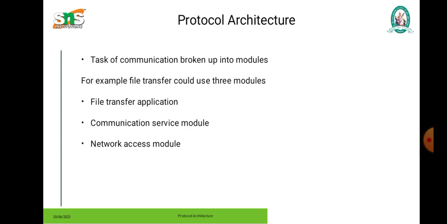The data is transferred from one application to another, which involves first getting the data to the computer, and then getting it to the intended application within the other computer. So it is natural to organize the communication task into three different layers: the network layer, the transport layer and the application layer.